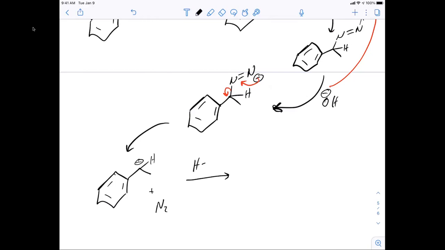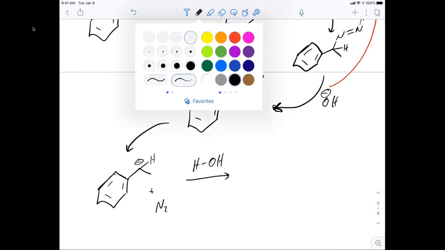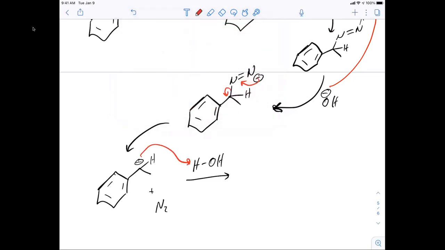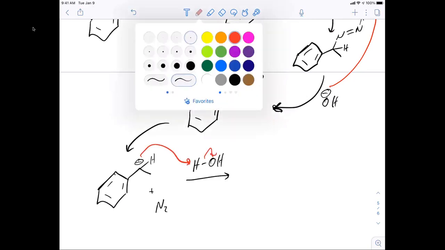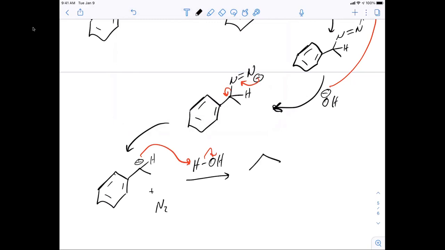And then the last step is a proton transfer. So negative picks up that proton. So I showed a benzylic position here, but it will work with other positions.